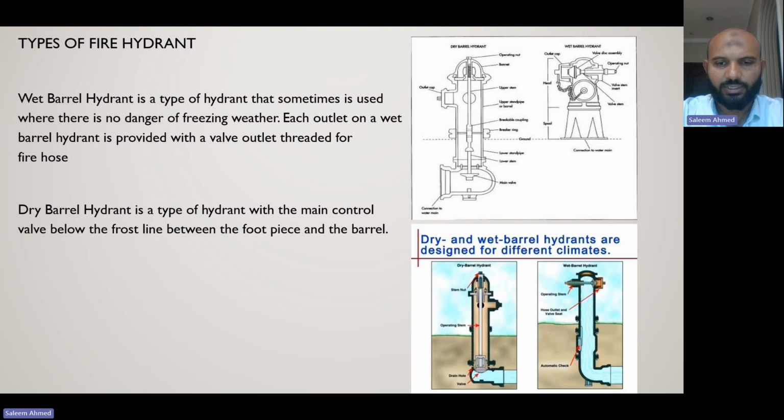It's not wet, it's actually a dry one, and close to the underground there is a foot valve and it is being closed by that. So the water will be arrested from here, and the above portion of this barrel will be dry. When we open this operating nut, it will permit the water into this barrel.